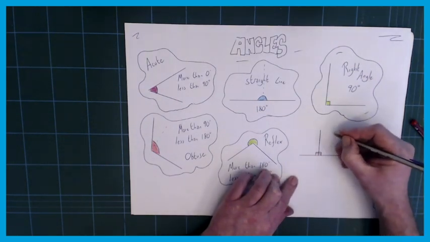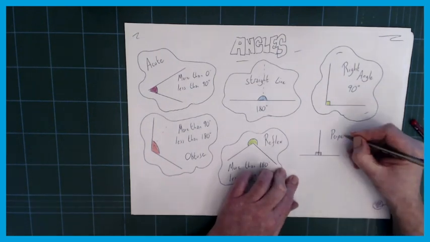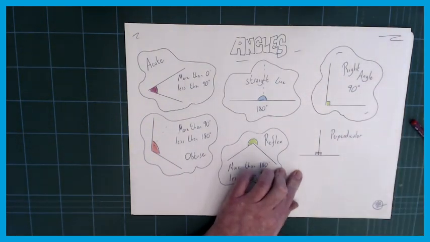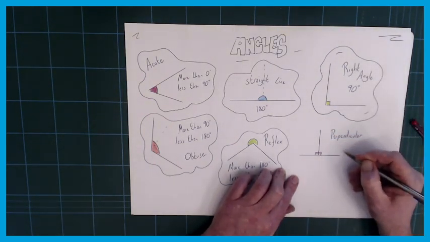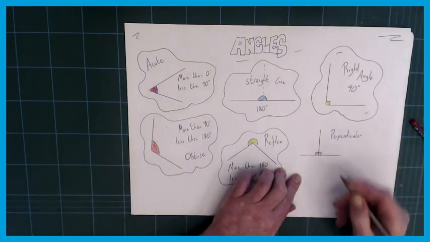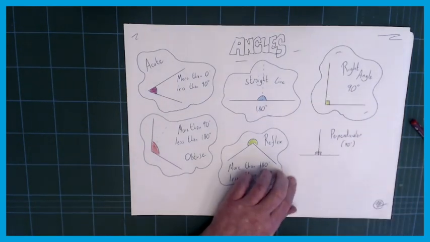This is called a perpendicular line. Perpendicular line. And it is always at 90 degrees. So a right angle is perpendicular. And you'll hear that phrase, perpendicular, and that's all it means. It just means it's 90 degrees.